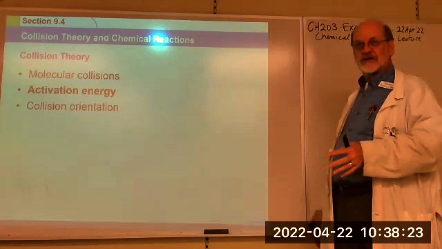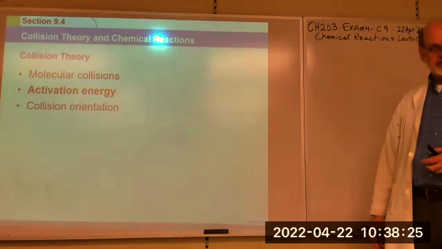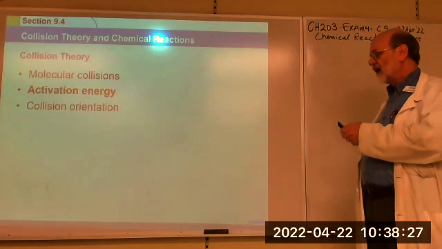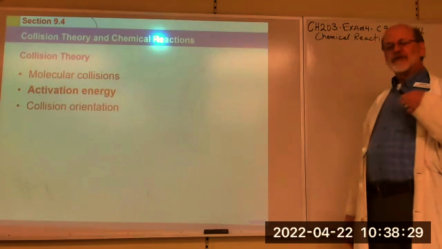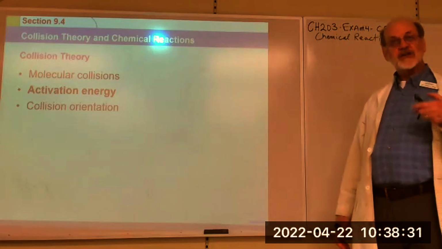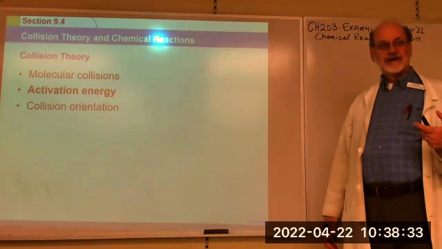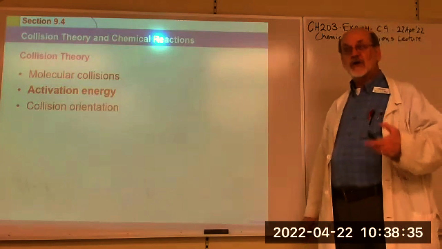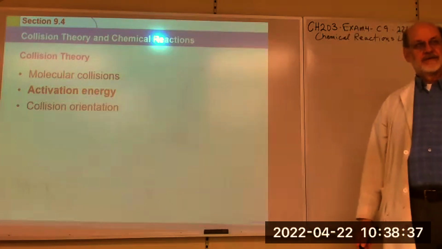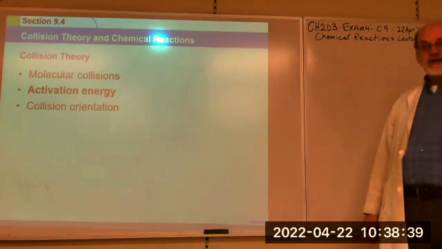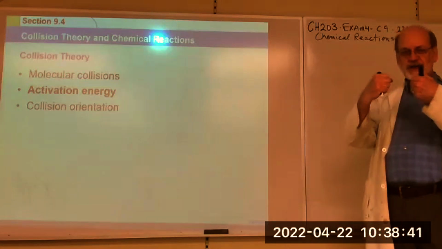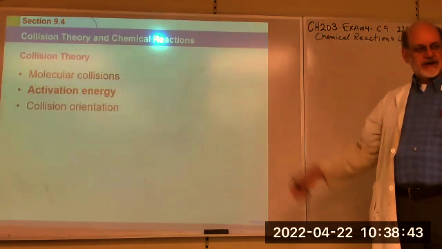So that's the first condition. You have to have molecular collisions. Then they have to collide with sufficient energy, activation energy, to start the process. If you don't have enough energy, they just kind of come by and say, how you doing? And go away.